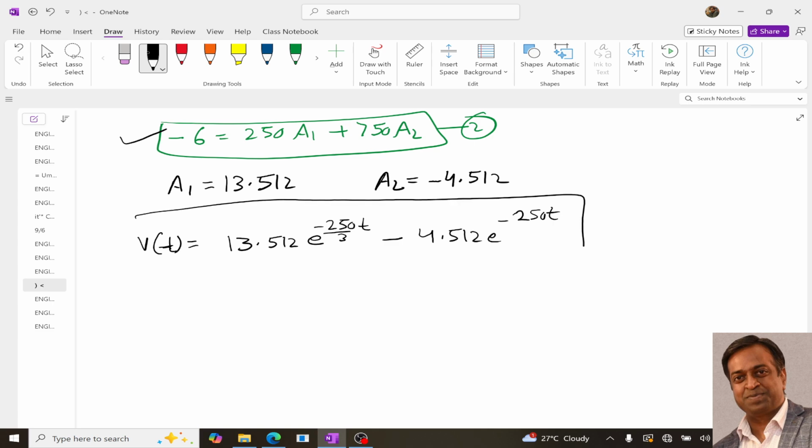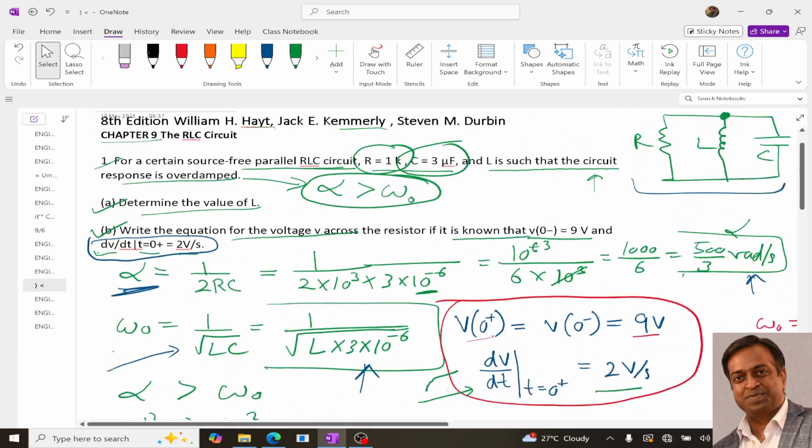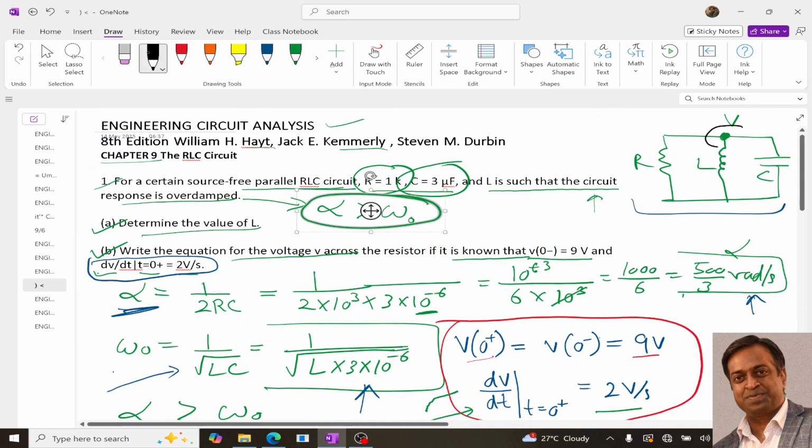So this is the voltage, right? Voltage means which voltage? It is this node voltage, and as I already told in the starting, this voltage will be the voltage across R, this voltage will be the voltage drop across L and across C. So all the three voltages are equal.